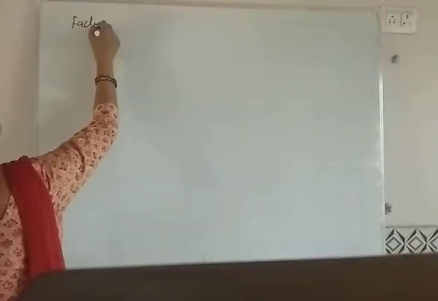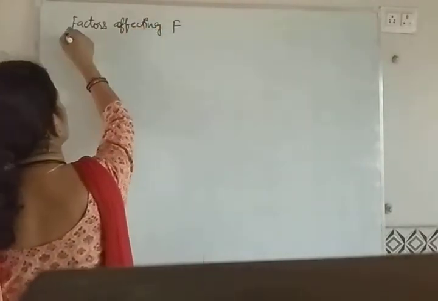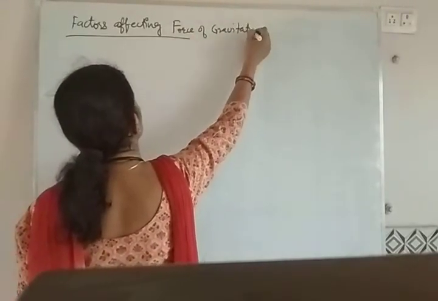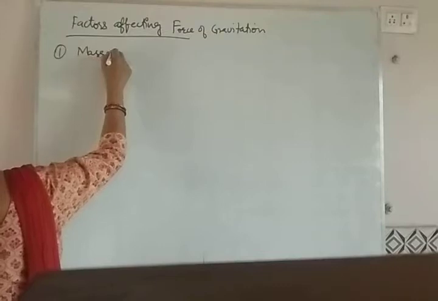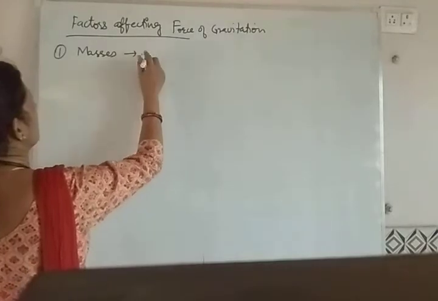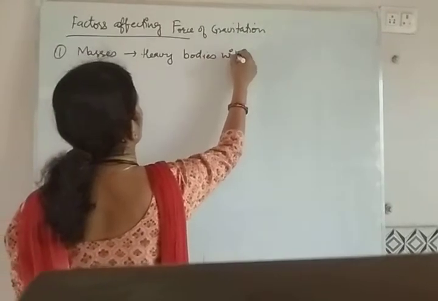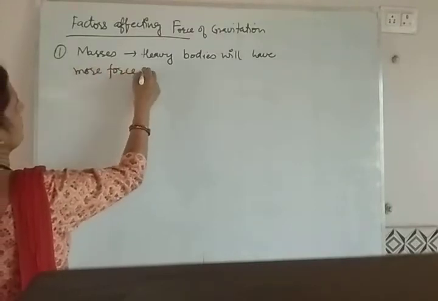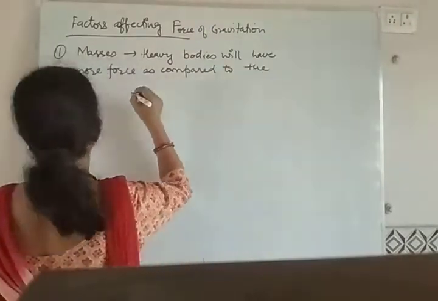Factors affecting F, the force of gravitation. What are the factors? Number 1, the masses. Heavy bodies will have more force as compared to light bodies.